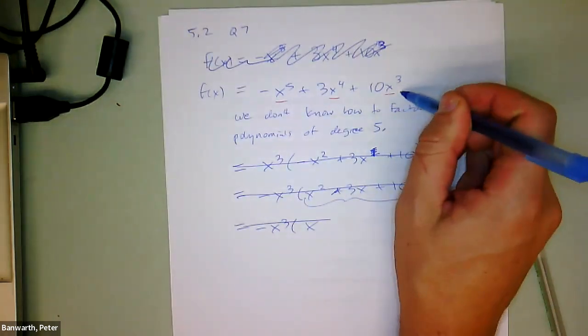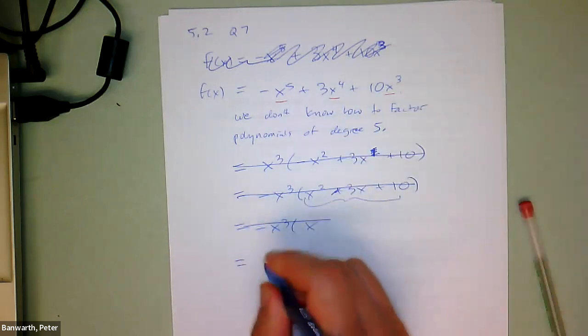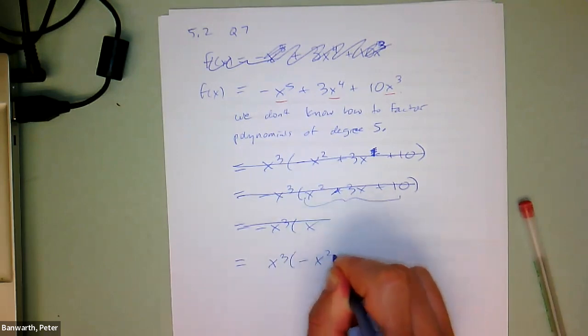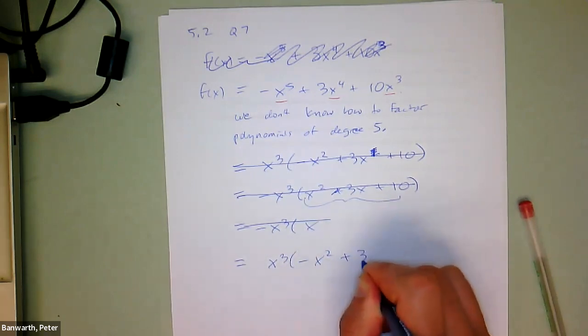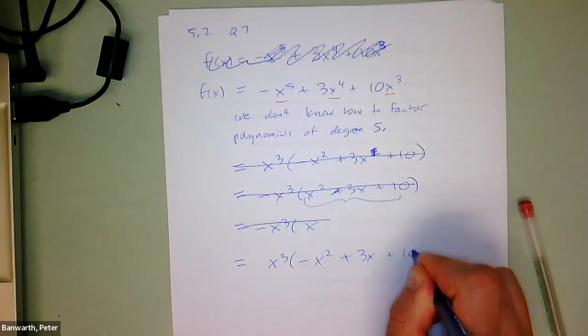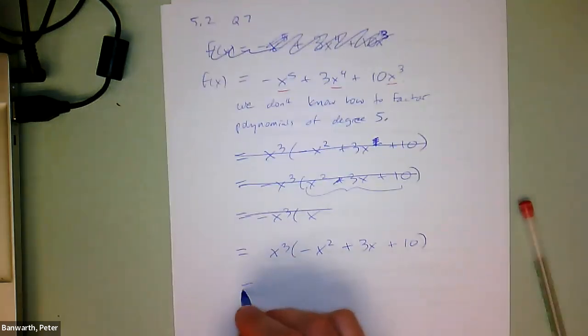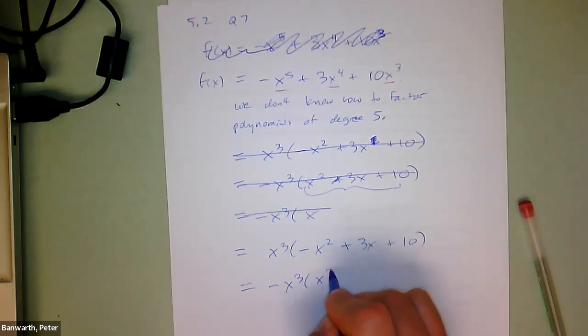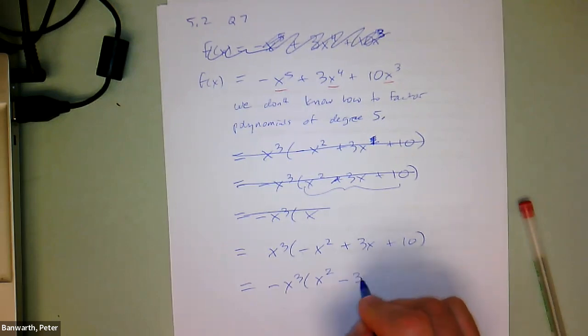Rewind into where we see this original function, and then factor out the x cubed. And now I'm going to factor out the minus sign. So I put the minus in front, the negative x squared becomes positive, the 3x becomes minus 3x, and the 10 becomes minus 10.